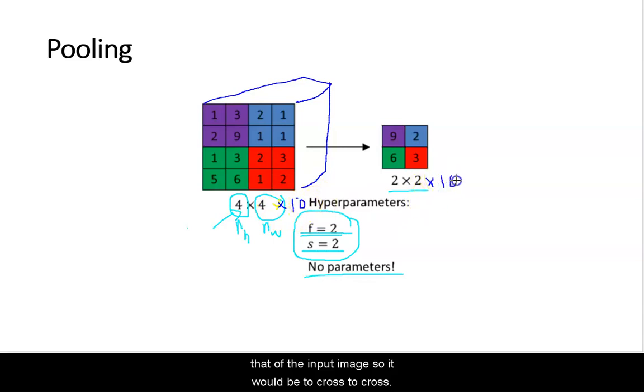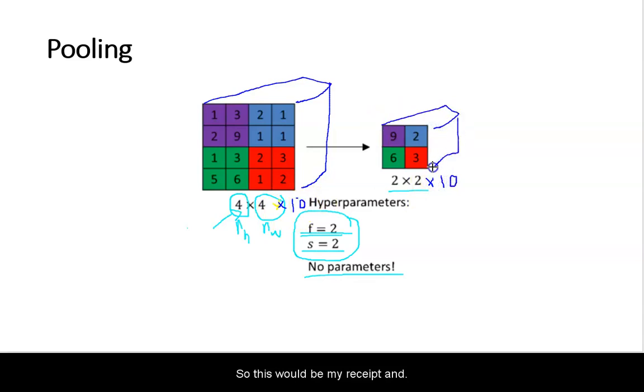So it would be 2x2x10. So this would be my resultant output for a max operation.